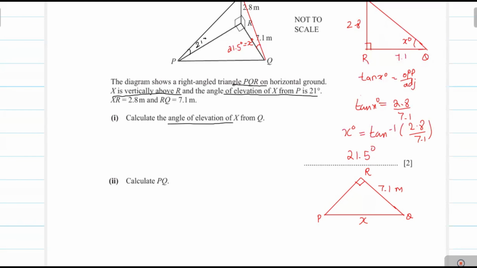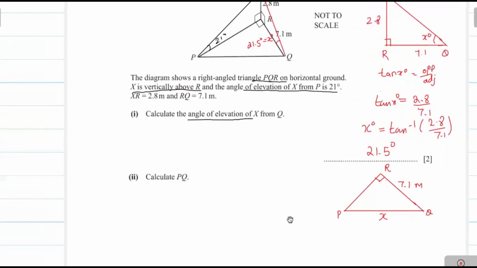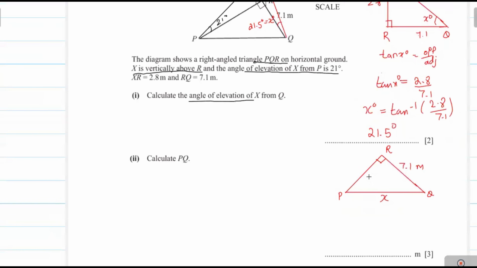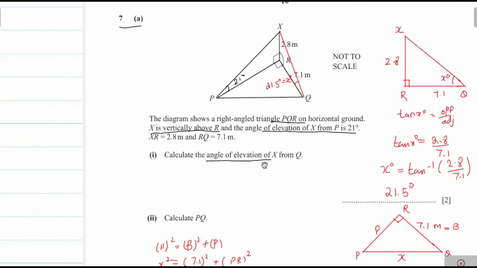If we find this length PR, we can find PQ by Pythagoras theorem. In the Pythagoras theorem, hypotenuse square equals base square plus perpendicular square. Now we name this the base and this the perpendicular. The base is 7.1 square plus perpendicular PR square, and this is x square. We have to find PR.